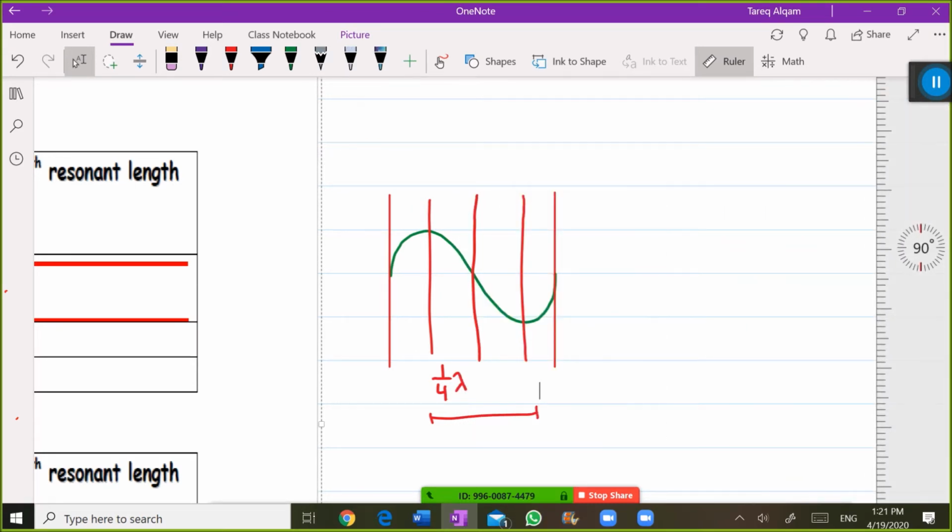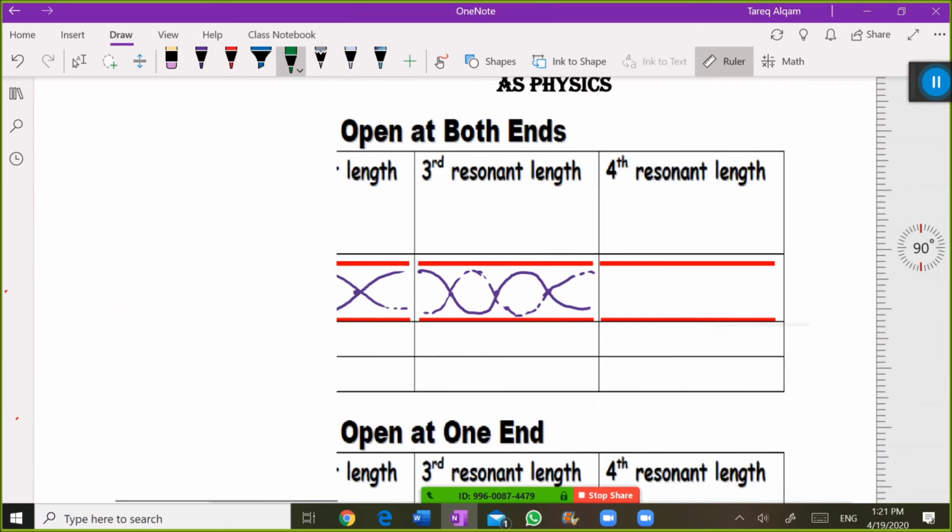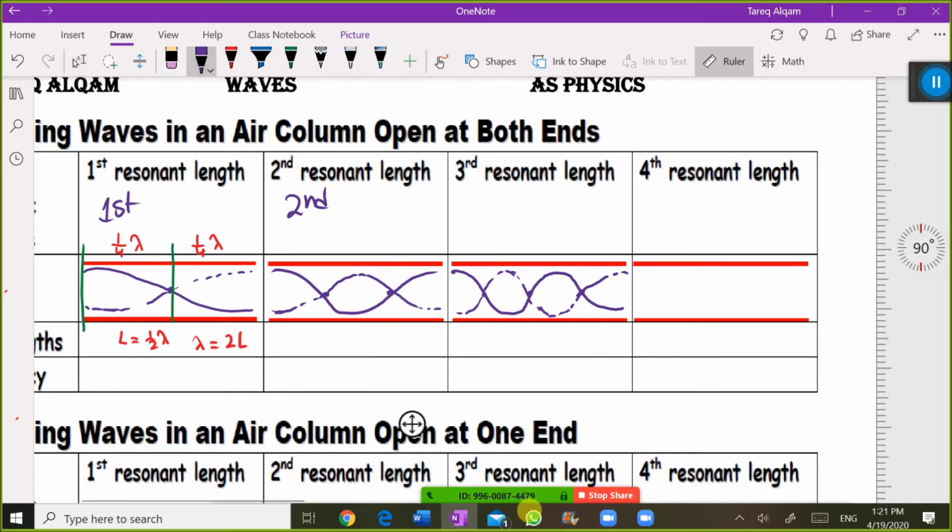Now this part is a quarter period, which is similar to this part, and this part is another quarter period.